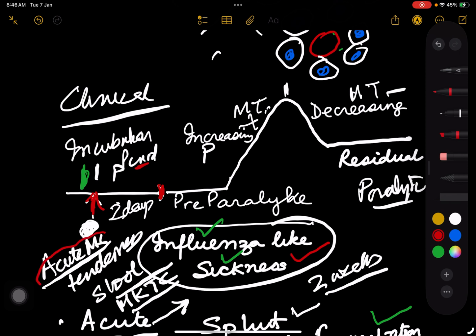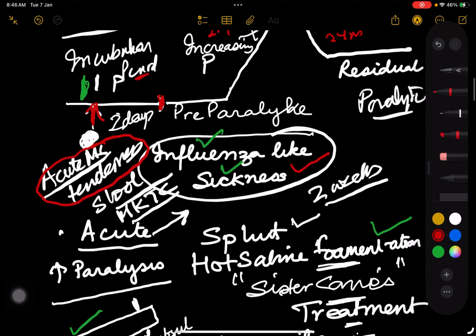The pre-paralytic stage may last for 2 weeks. There is then a stage of increasing paralysis for 2 months, then decreasing paralysis for 2 years, and then residual paralysis. So these are the clinical stages of polio: incubation, pre-paralytic phase, increasing paralysis, decreasing paralysis, and residual paralysis.